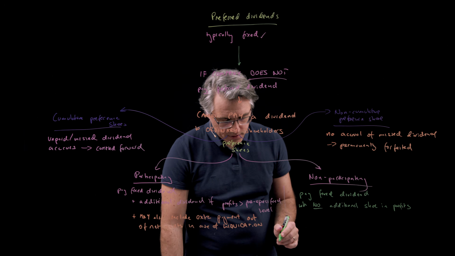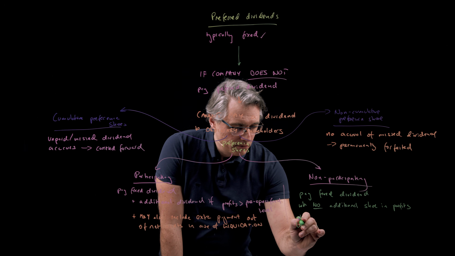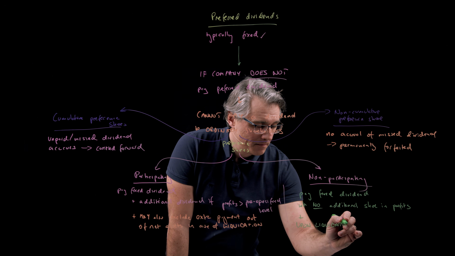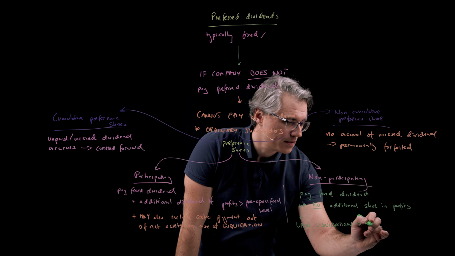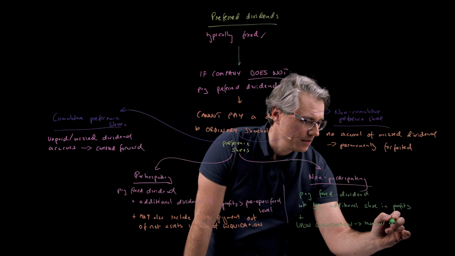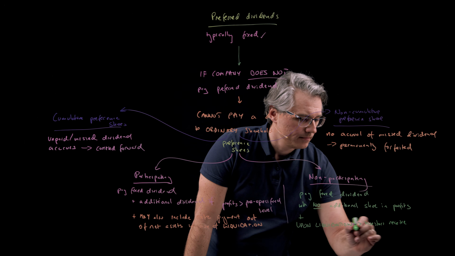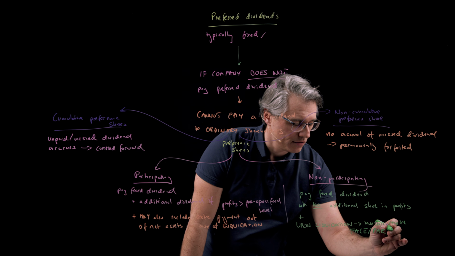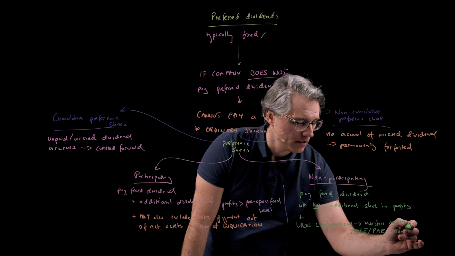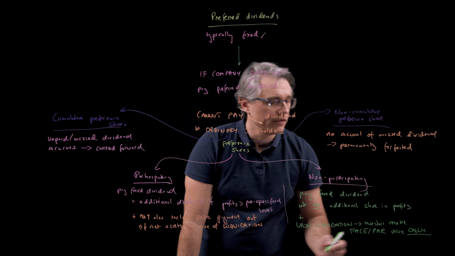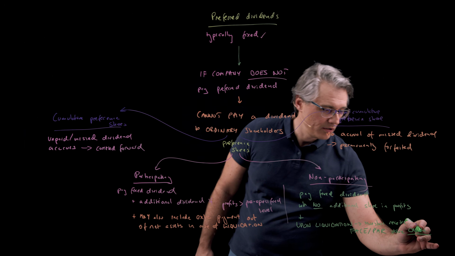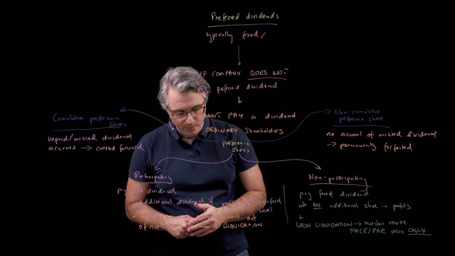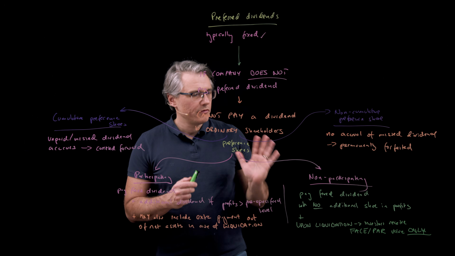And obviously also in the case of company liquidation, investors receive the face or par value or liquidation value of those shares only, and nothing on top or nothing extra. Okay, good. So hopefully that's clear.